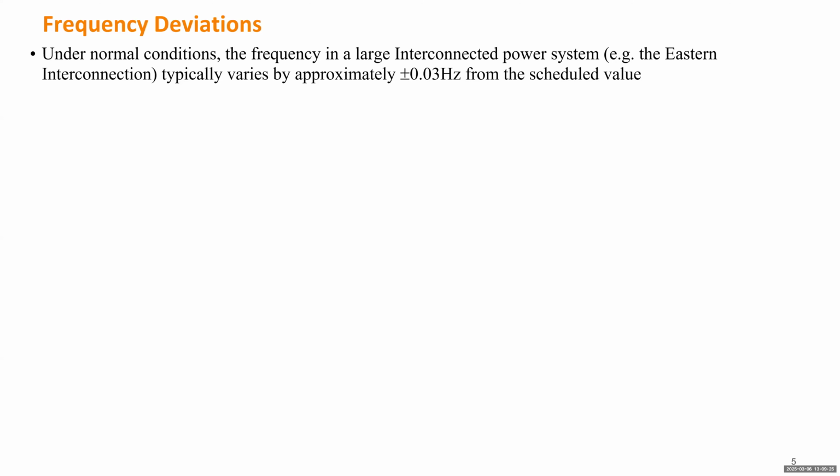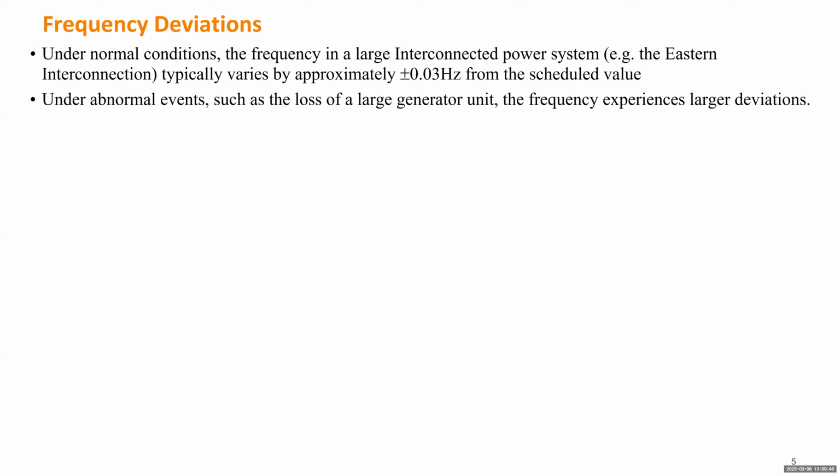So if the scheduled value is 60 hertz, the frequency changing from 59.97 to 60.03 hertz is considered normal condition. You don't need to do any control within that narrow range. But outside of that range, you need to take some regulation action.